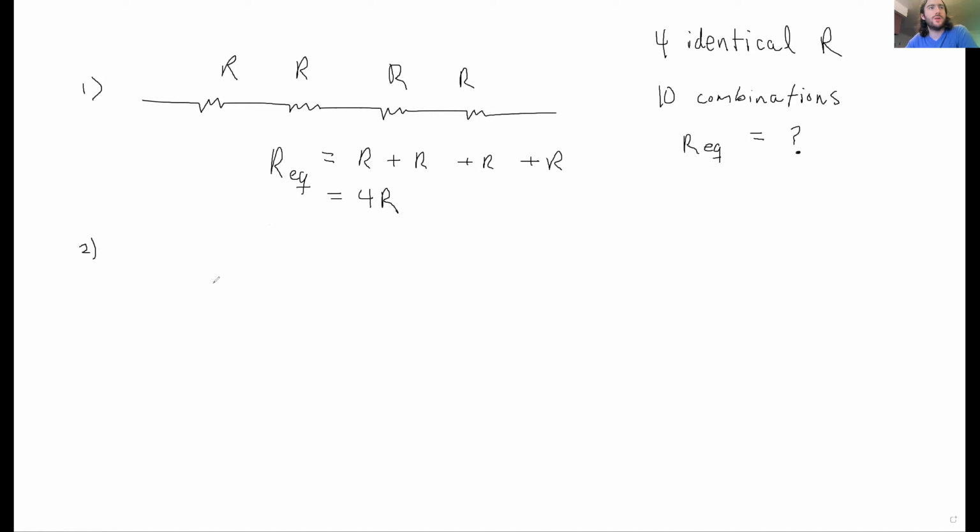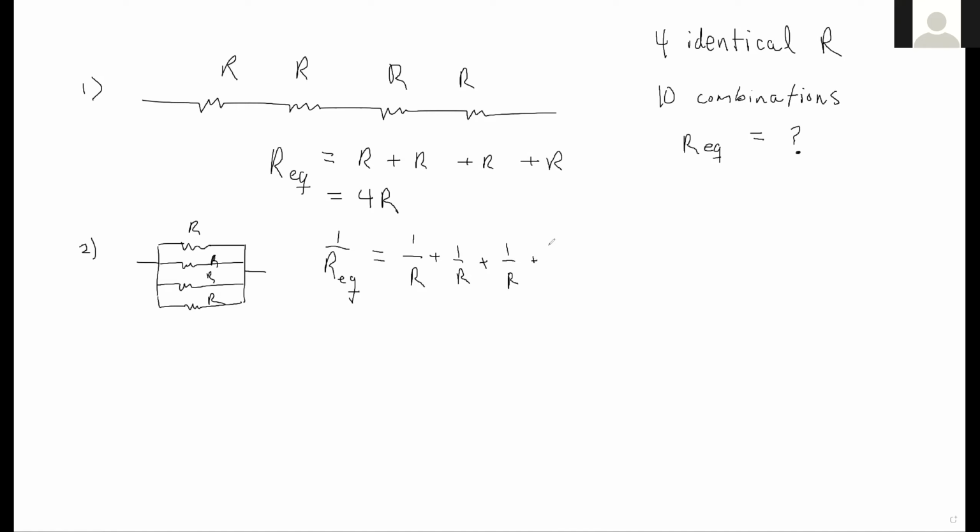If we got 4 in series, we could do 4 in parallel, right? So we could jot down 4 here like this. So this is 4 in parallel, again R, R, R, and R. And REQ for parallel resistors, we want to sum up the reciprocals. So it's 1 over R plus 1 over R plus 1 over R plus 1 over R, 4 of them.